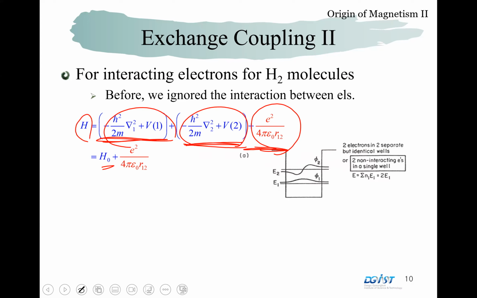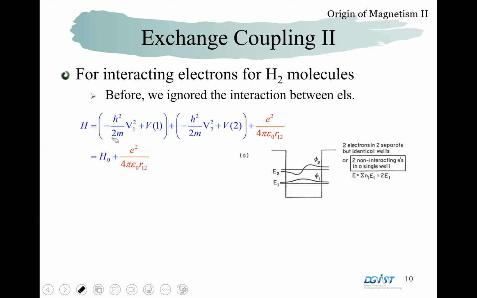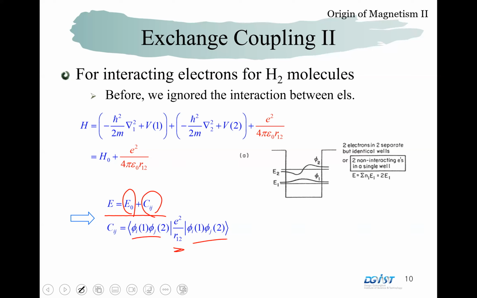The total Hamiltonian with two interacting electrons is the H0 combined with the interaction terms. And the energy of these two interacting electrons, you can write as the original non-interacting energy E0 plus Cij, a kind of Coulomb interaction described by the potential between two particles and the wave functions.